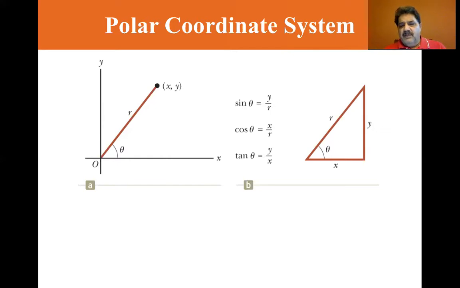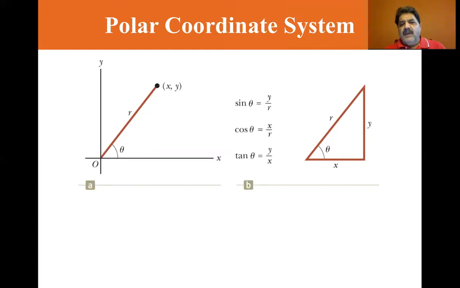If you look at theta, the sine of theta is Y over R, the opposite over the hypotenuse. Cosine of theta is X over R, adjacent over R. And tangent theta is Y over X. We'll be using these throughout.